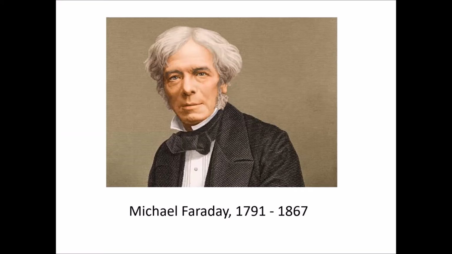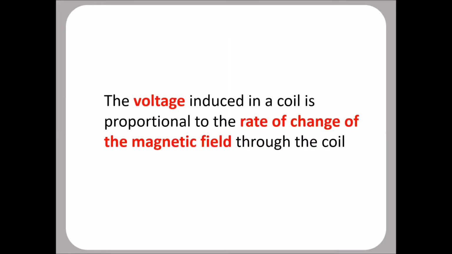And probably his most famous result was the law of electromagnetic induction, where he showed that you could get voltage produced in a coil of wire, which was proportional to the rate of change of the magnetic field through the coil. It sounds a bit complicated, so let's see what it means.